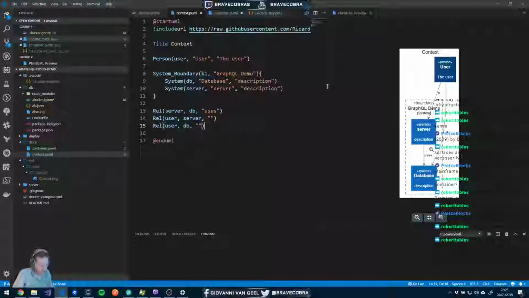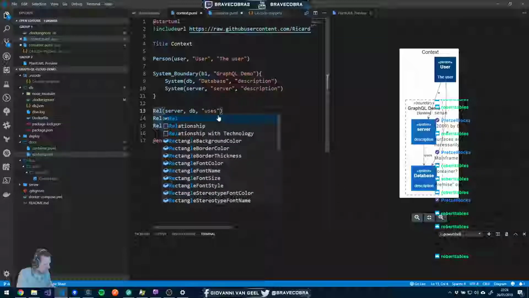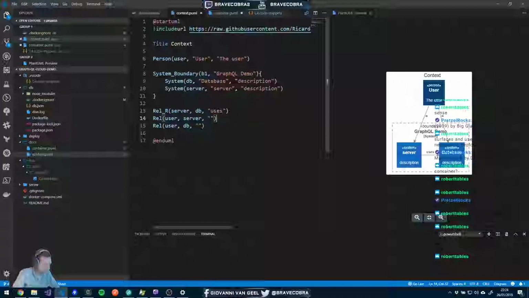Now you see that it draws it this way. What we can do is say that this, and that's the whole tricky part with PlantUML, if you underscore that one, you say it's going to be displayed to the right. Right, we can have it that way. And then you see that the user can access both the GraphQL one and the server.